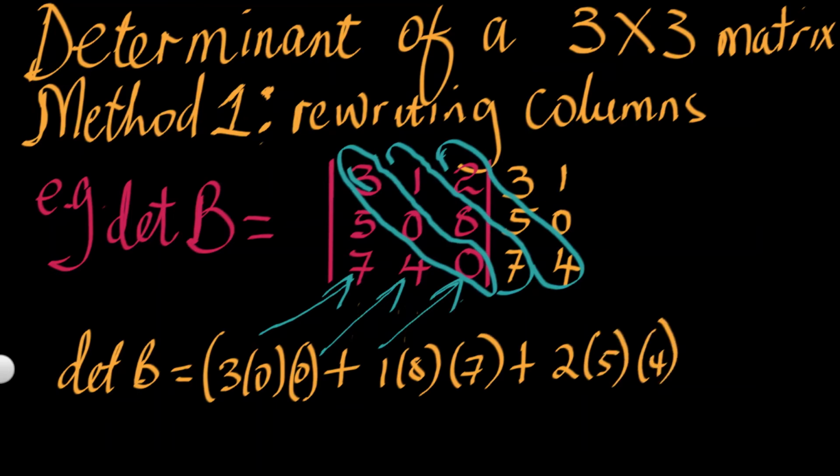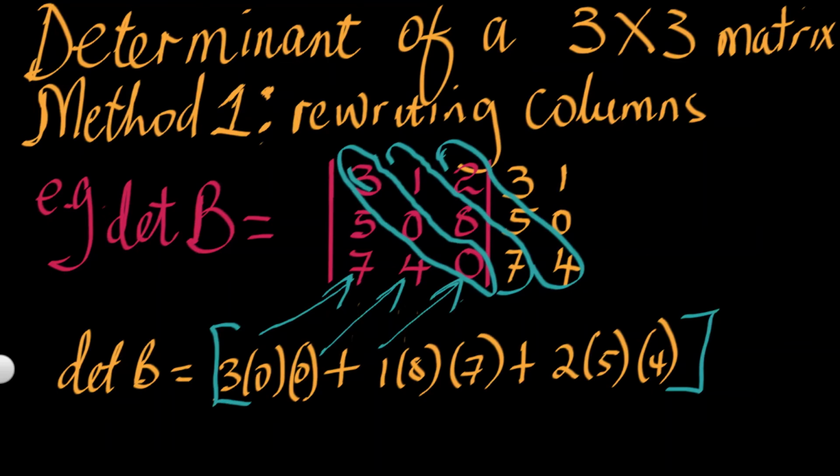I am essentially adding the products of the elements in the major diagonals. I'm adding all of them: the products in the first major diagonal, and in the second and in the third. I pull them together. This is my first bracket.